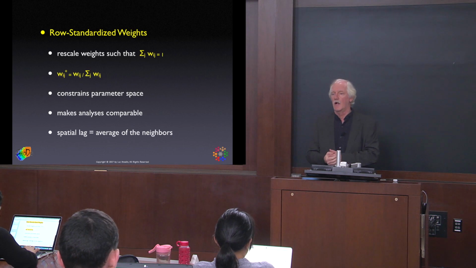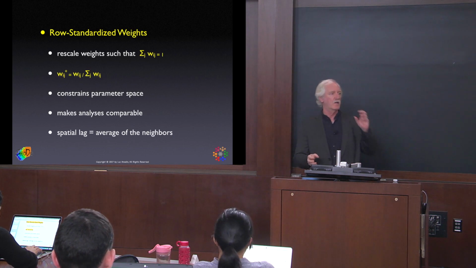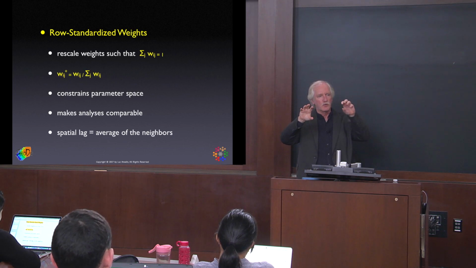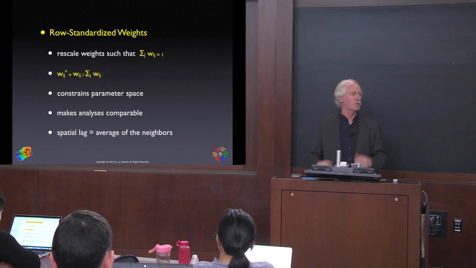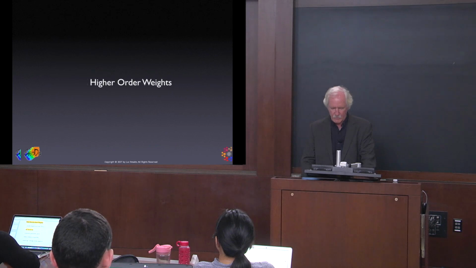It also helps us in constraining the parameter space. Remember I said parameter times the weights. If you row standardize the weights, you control the magnitude of the parameters, so that makes things more comparable. So this is an example of that.